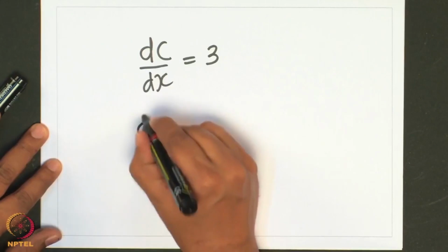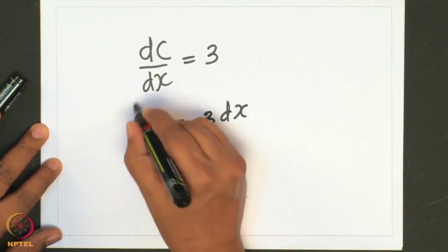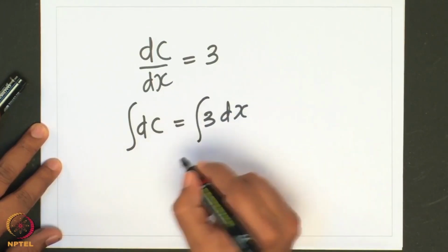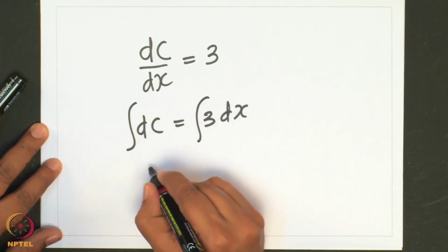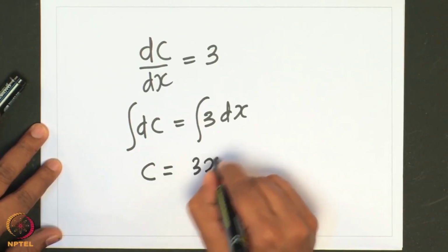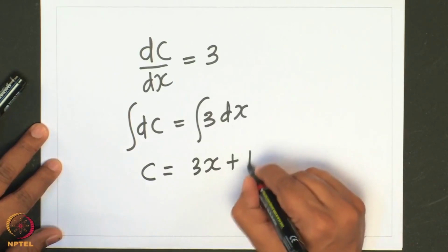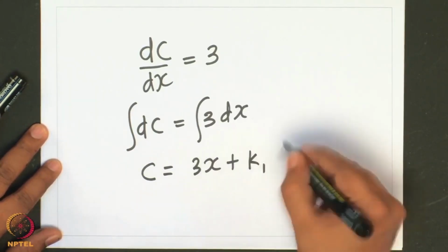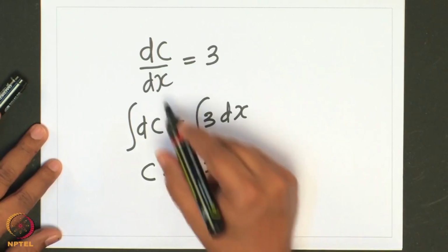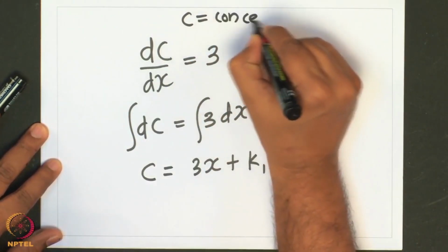If I integrate, I will have dc is equal to 3 dx. Since 3 is a constant, I can put the integral sign on both sides. I would write c is equal to 3x plus some other constant k1. Since I already used c for concentration, here c is concentration.